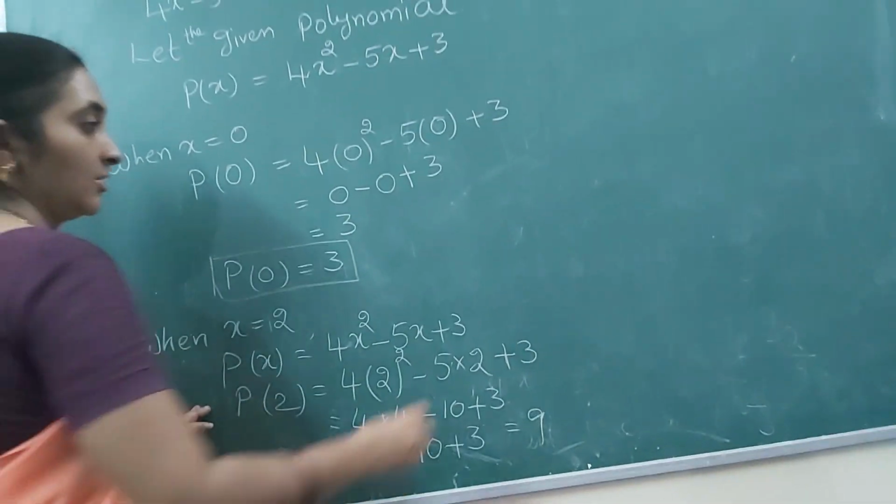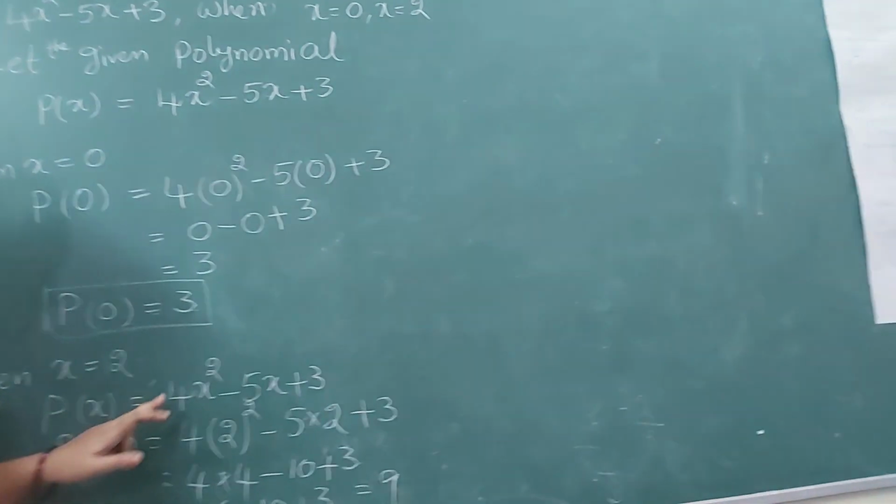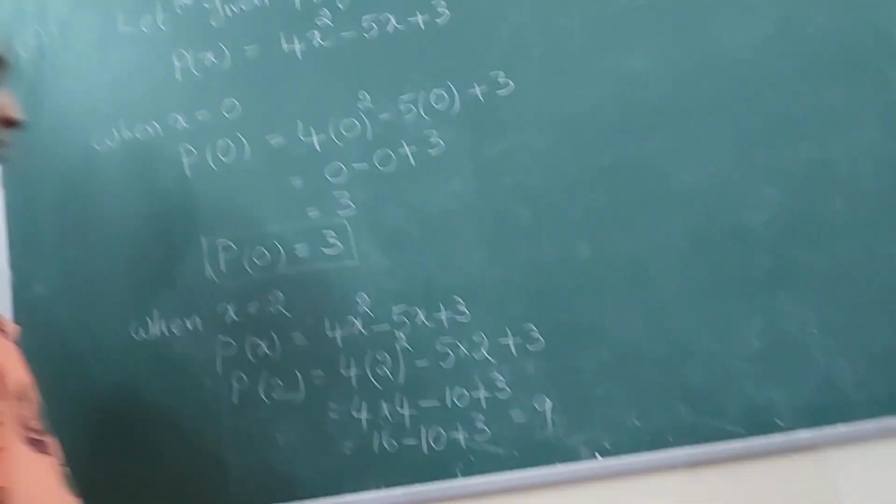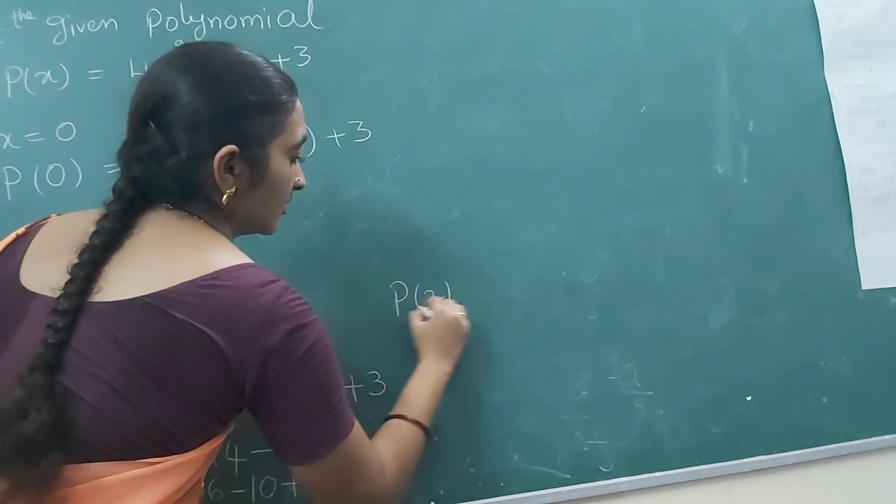So its value when x is equal to 2 is 9. P of 2 is equal to 9.